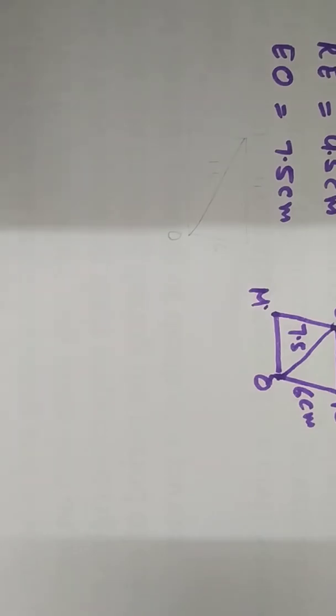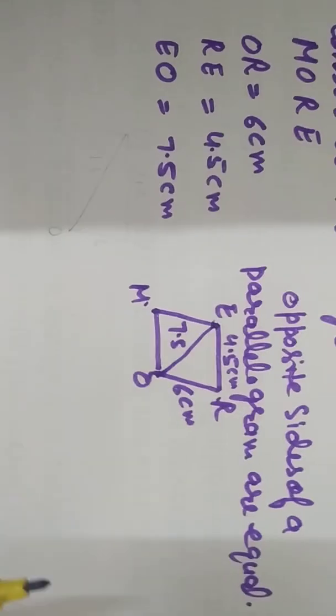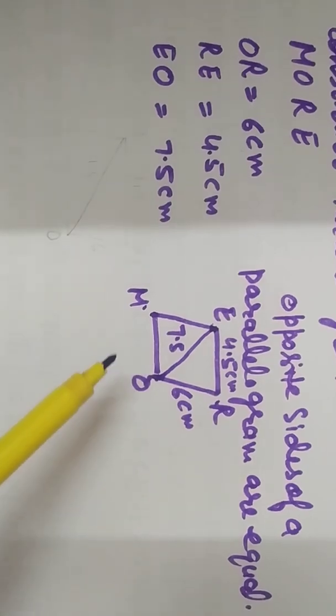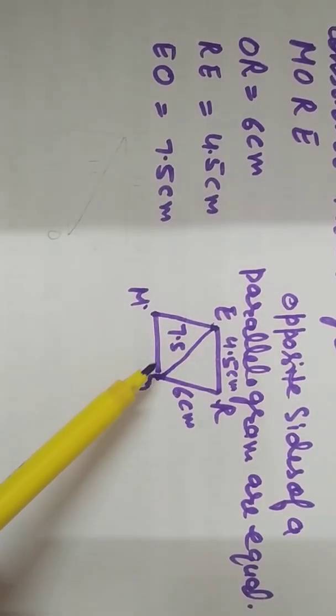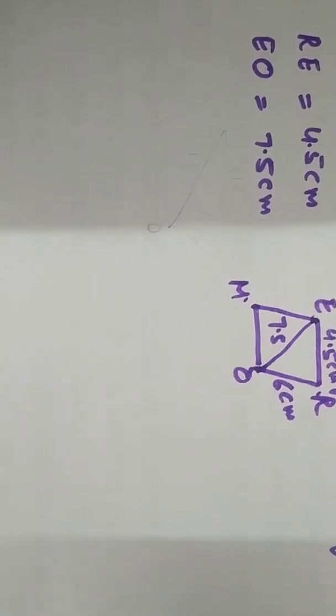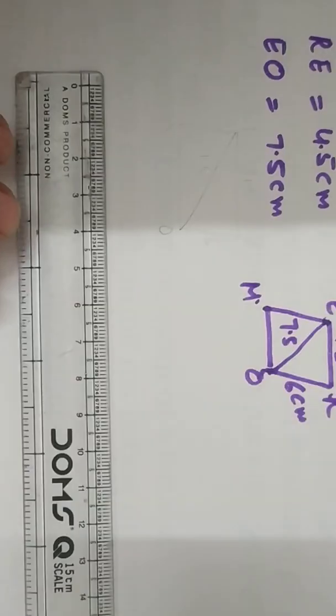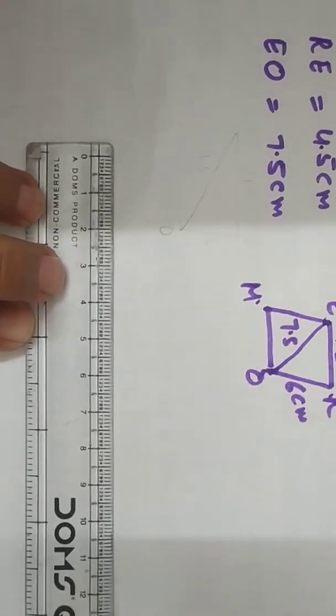First of all, this is a case where all the sides of a quadrilateral and one diagonal are given to us. Length of all sides and one diagonal is known to us. So we will start with the diagonal. First of all, we will draw a diagonal of 7.5 centimeter.